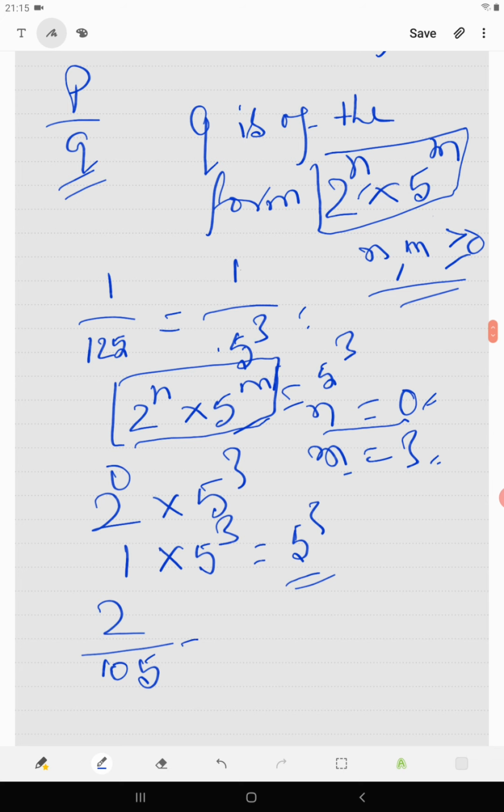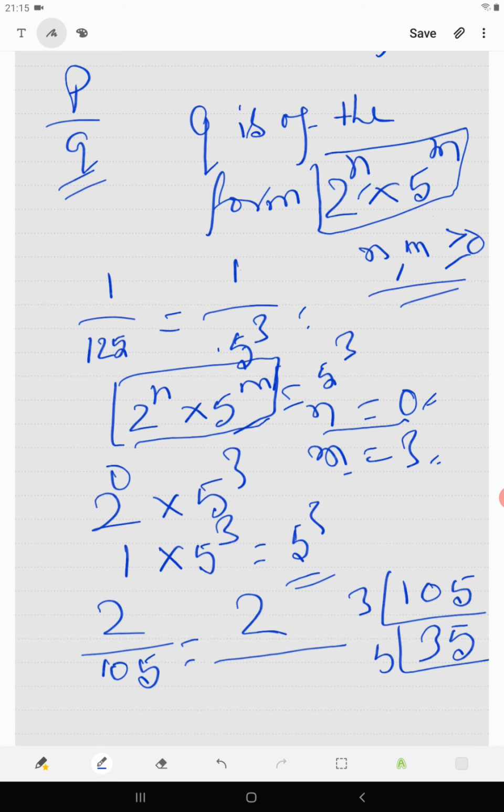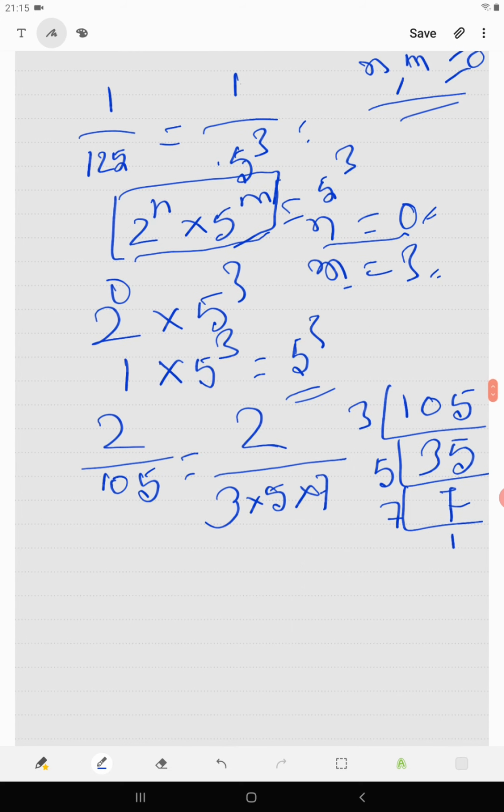Now 105 can be written as, if you do the LCM for 105, then 3, 35, 5, 7, 7, 1. So 2 by 3 into 5 into 7. I did the LCM for 105, and whatever factors are there, I have written over here.